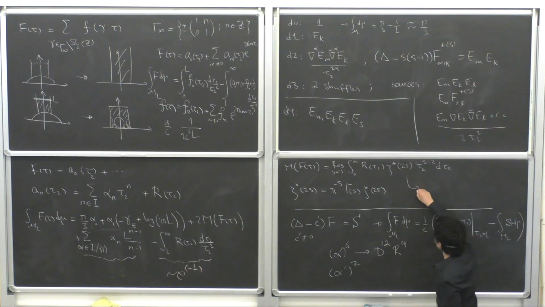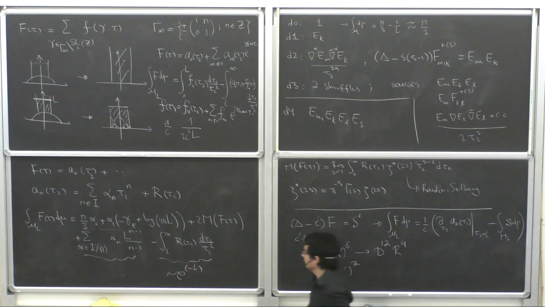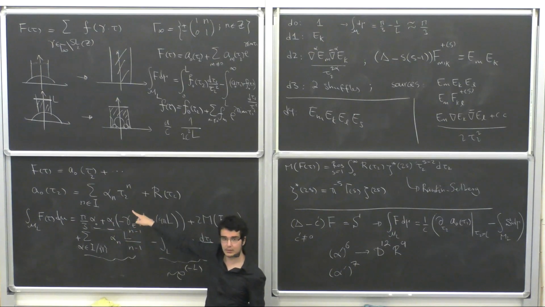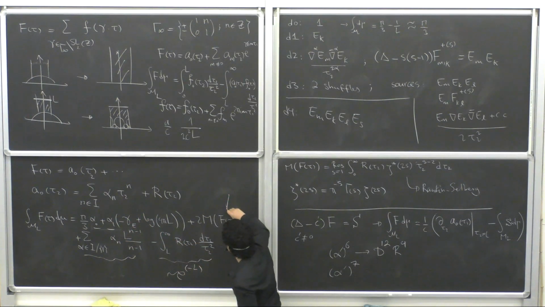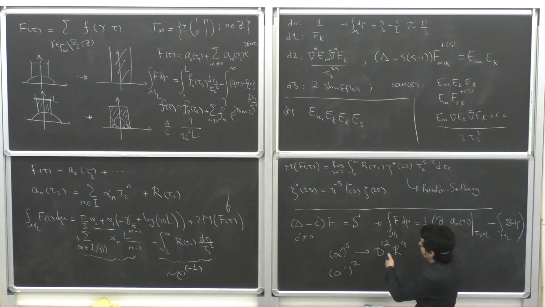So this is actually a Rankin-Selberg L function. So these two are trivial. These are just the Fourier coefficients of your function. And the only non-trivial thing is this, which is the residue of the Rankin-Selberg L function on the boundary of its critical strip.